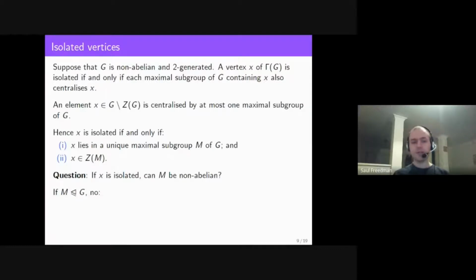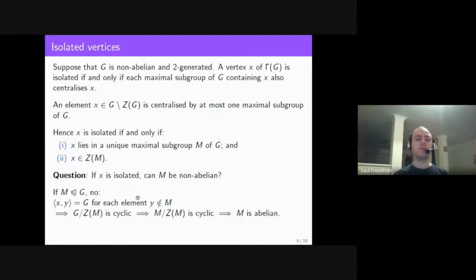So why is this? Well, let's assume that X is isolated. Then X lies in this unique maximal subgroup M, which means that for any element Y that doesn't lie in M, X and Y form a generating pair for G. Now, because X lies in the center of M, this means that the center of M generates G together with Y. And because the center of M generates G together with one other element, that means that the quotient of G by the center of M is cyclic.